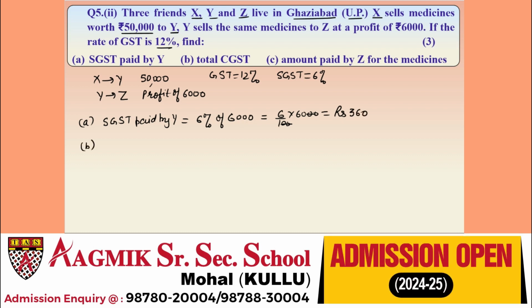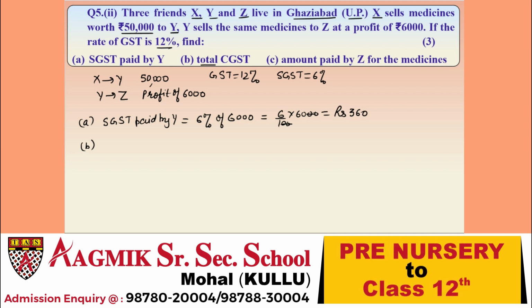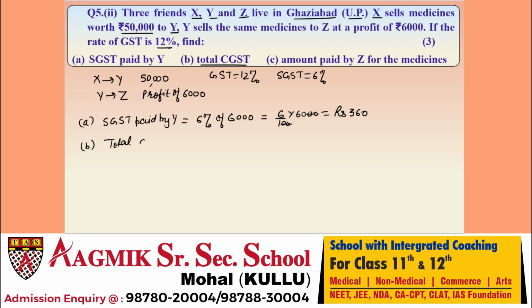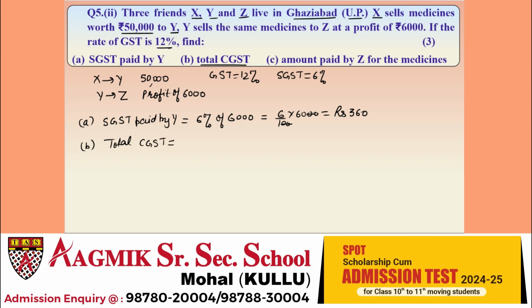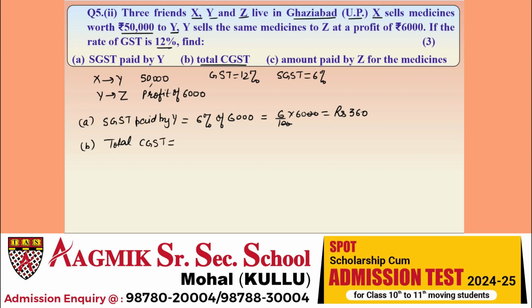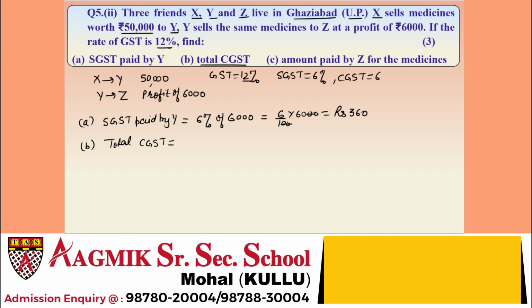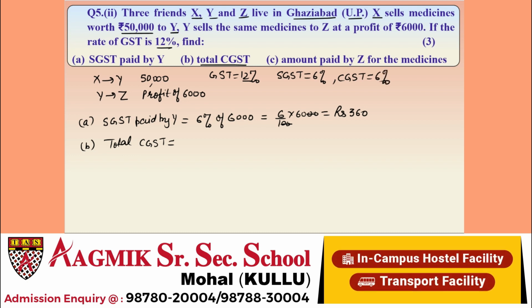Now let us take B part. Total CGST we want to obtain. So look here, total CGST would be equal to, again if GST is 12%, SGST is 6, and your CGST would also be equal to 6%, that is half of 12%.